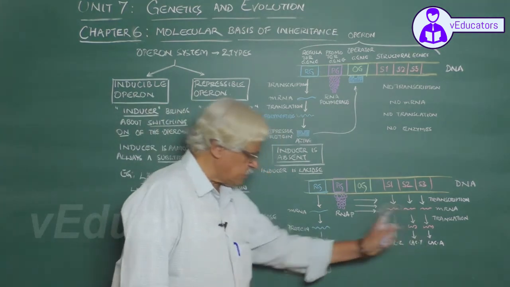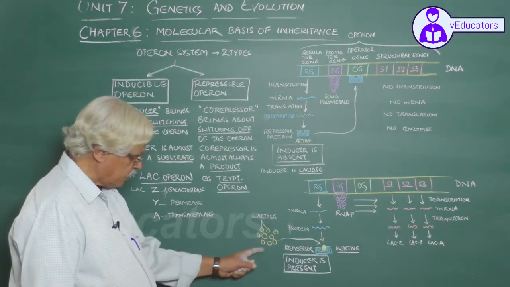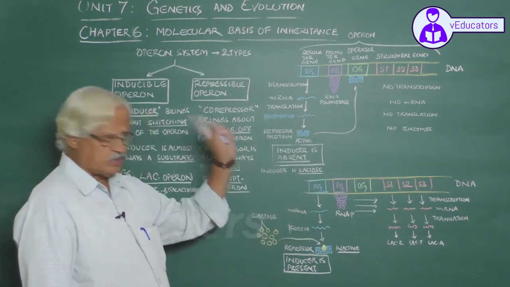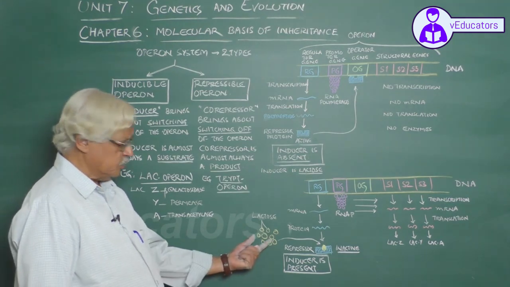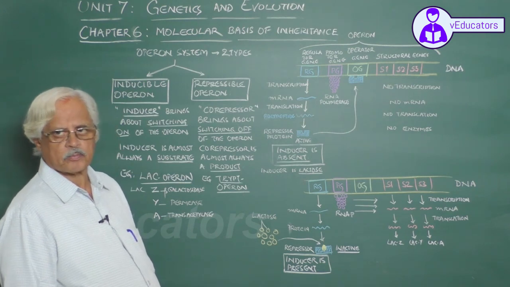So all the 3 enzymes are available. All the 3 enzymes now start acting on lactose. So lactose metabolism begins, and the bacterial cell is using lactose.